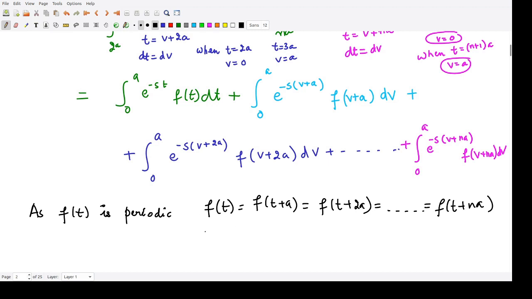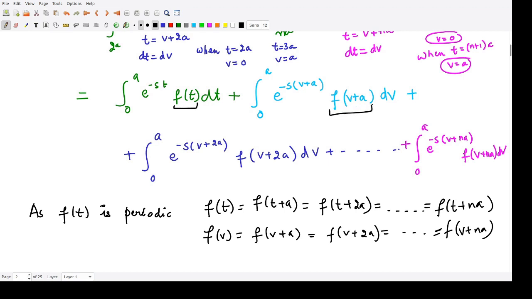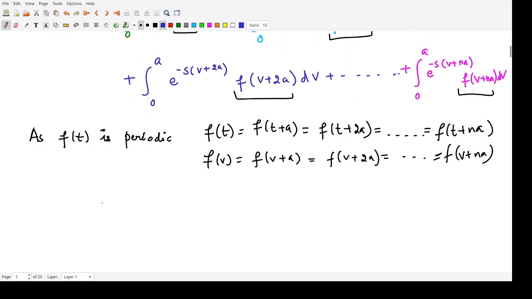So if you change the variable, f of v would be f of v plus a, which is equal to f of v plus 2a, and so on, f of v plus na. Therefore all these terms would be f of v. So we would have integration from 0 to a, e to the power minus st f of t dt, first term.